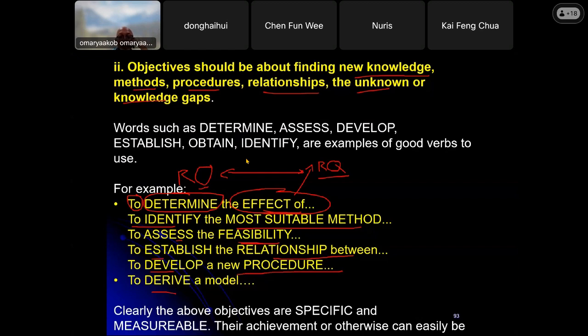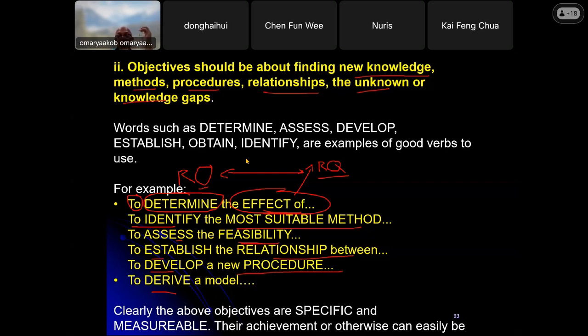Number 3, is it feasible? Number 4, what is the relationship? Number 5, there is no procedure, so what is the new procedure? So all these, you can easily get the research question from there, if you know the objective.